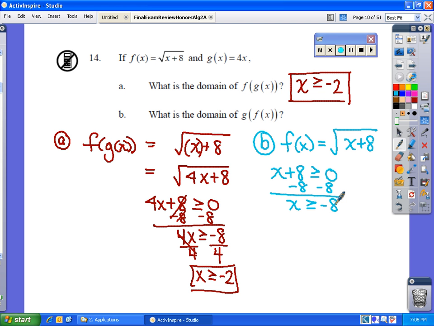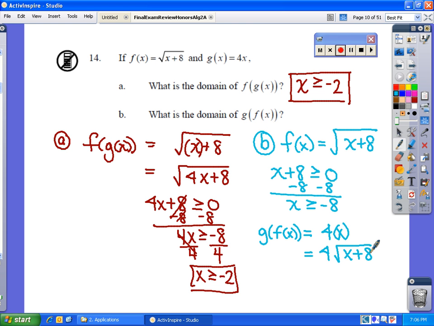Now, if we look at the domain for g of f of x, let's first do the composition. The g function is 4x. If we replace x with the f function, we'll get 4 times the square root of x plus 8.